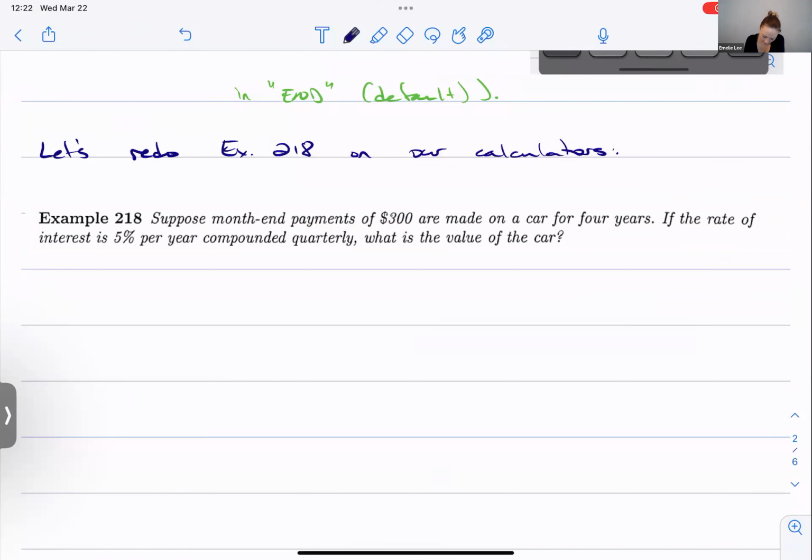So that's the payment amount, so PMT is 300. Now when we're using the calculator, that's when we need to pay attention to if money is leaving us or coming to us. And so if I'm making payments, then those are going to be negative, so negative 300 on calculator.